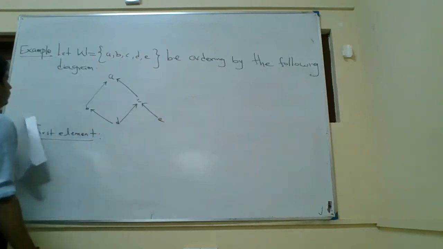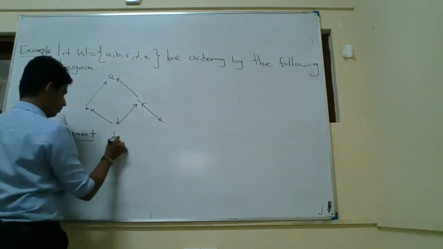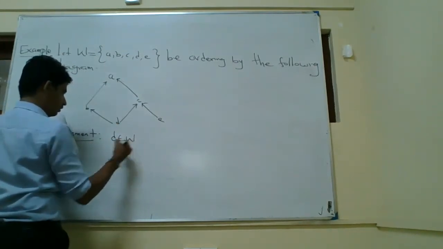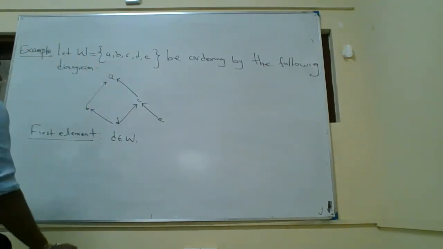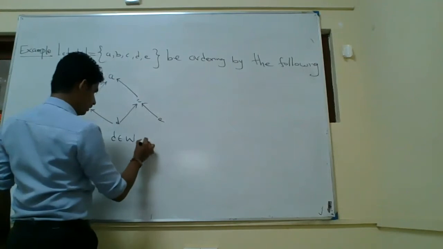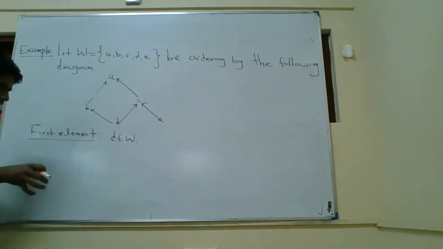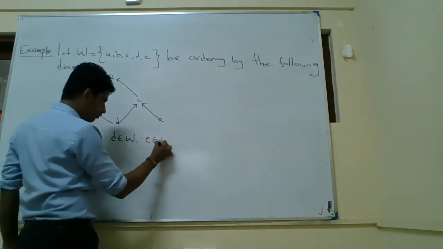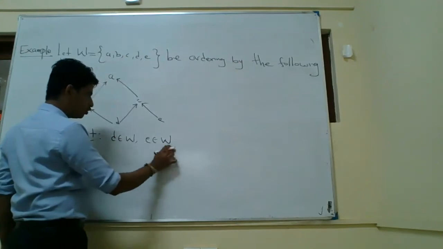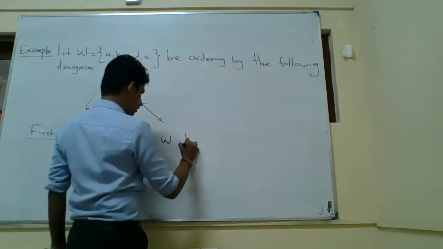Therefore, from the derivation of the first element, you have D belong to this W set. So D belongs to W set, and you can find such an element. Suppose you assume that D is the first element, then you have another element E belonging to W. Is it okay?